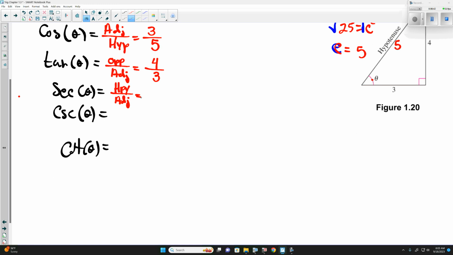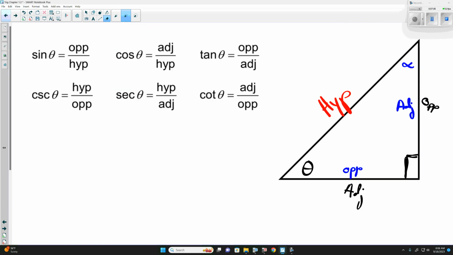Well, the hypotenuse is still 5, and the adjacent side is still 3. And as we can see, secant is just 1 over cosine.